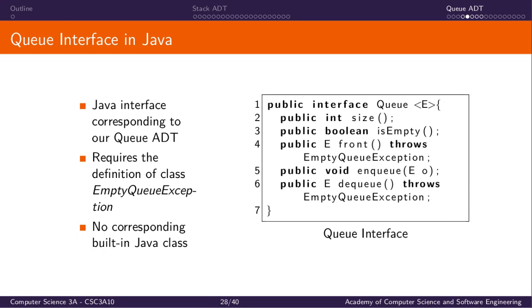Why do we return the removed or inserted element? The inserted one we won't actually return. Note that for enqueue, the type is void. For the removed one, we may want to do something with it, right? Ideally, we're supposed to be servicing that request, so we shouldn't just throw it away. We want to return it so you can actually do whatever it is that's equivalent to servicing this request.